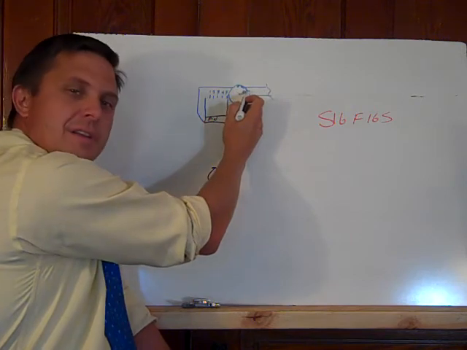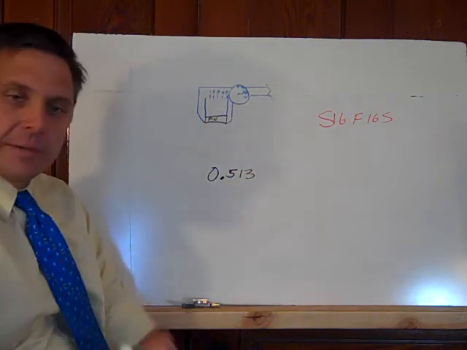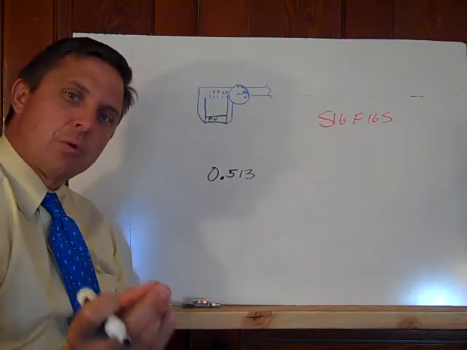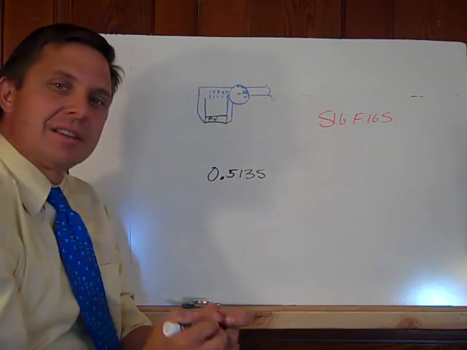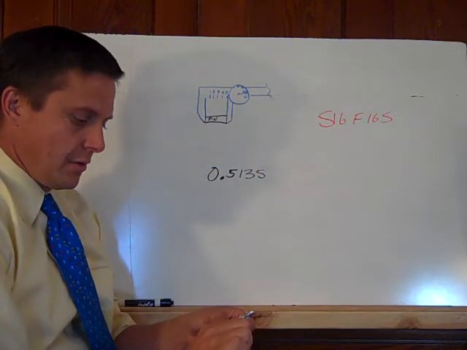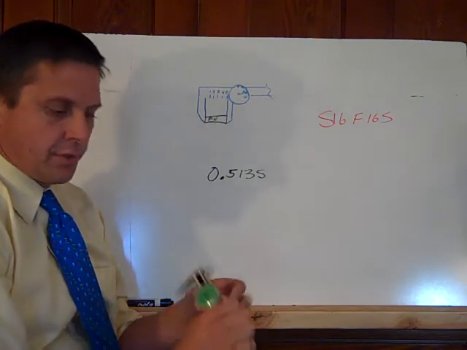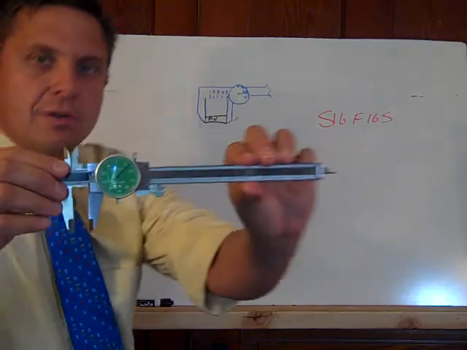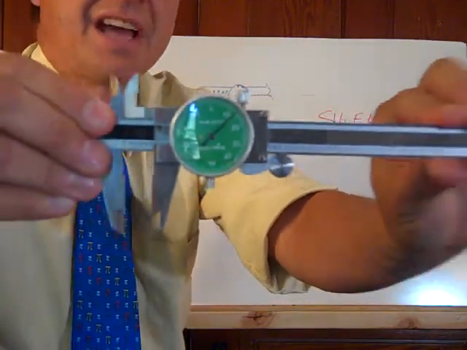Here I have it pointing to the 13. So I can go 1, 3. And actually, if it's beyond the 13 and not quite to the 14 on the dial, I might be able to even guess the next sig fig and have like 0.5135. I'll try to set it here, and I'll put it up to the screen. This is hard to see, but again, you get an idea here.